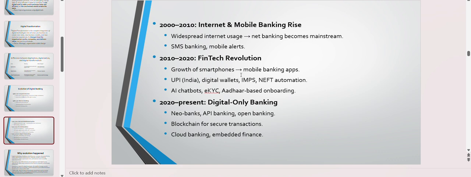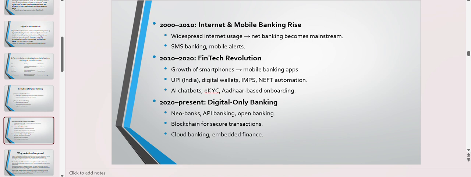So what is in the fintech revolution? Growth of smartphones, mobile banking apps, UPI in India. When UPI came, you can google it, or you have to remember some facts about it. If I do everything, then you will not go and search anything, but some things you need to remember by yourself, and when you find out by yourself, then you will remember it better.